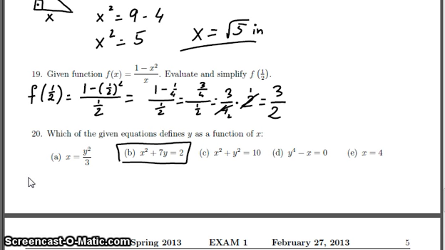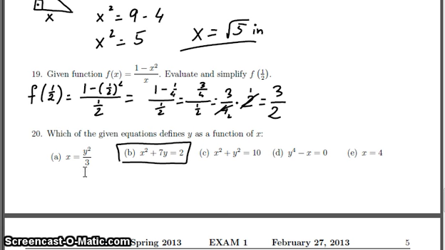Problem 20. Which of the given equations defines y as a function of x? Remember that a function y of x is a relation between x and y for which you can get only one y for each x. So in problem A, this is definitely not a function.